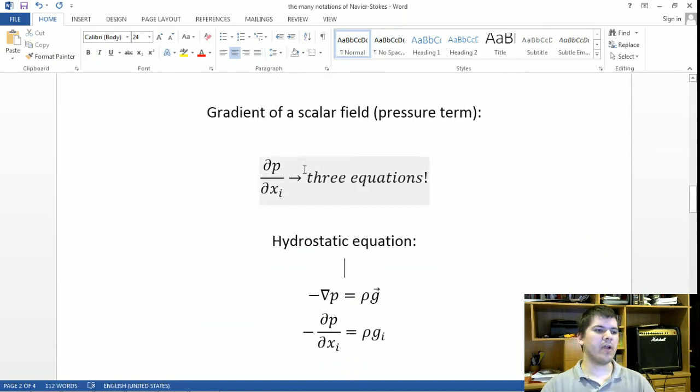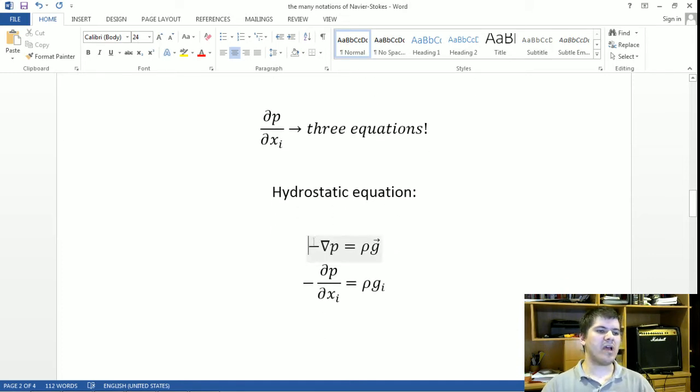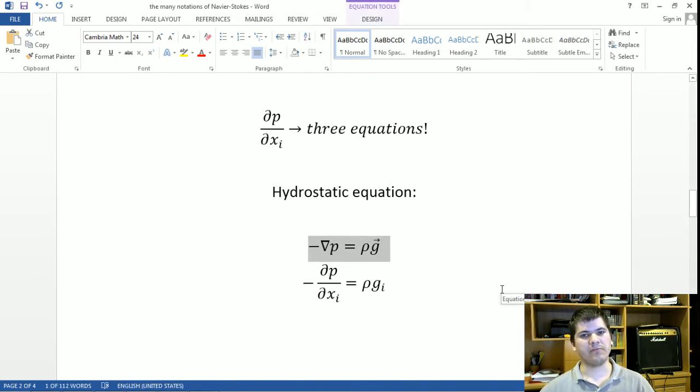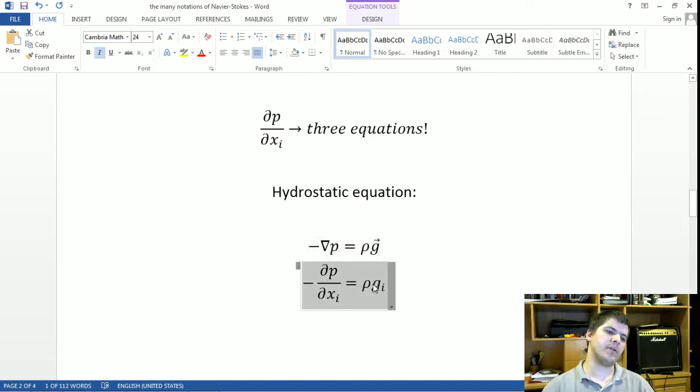So there you have, for example, the fundamental equation of hydrostatics in its most known vector form. But if you write it using Einstein's notation, you obtain this, okay?